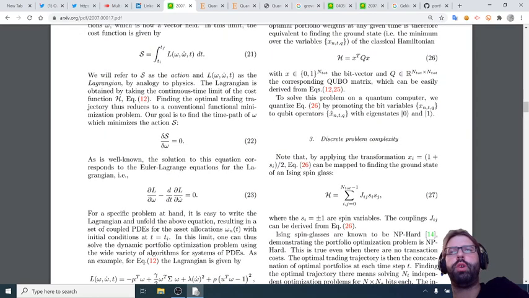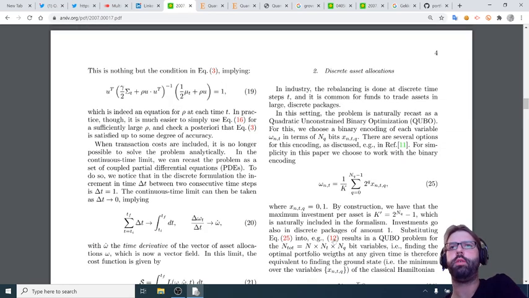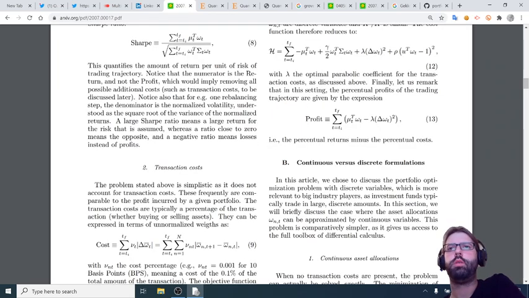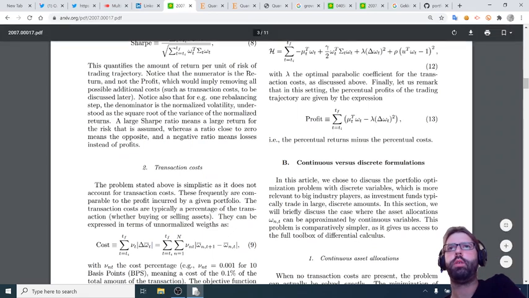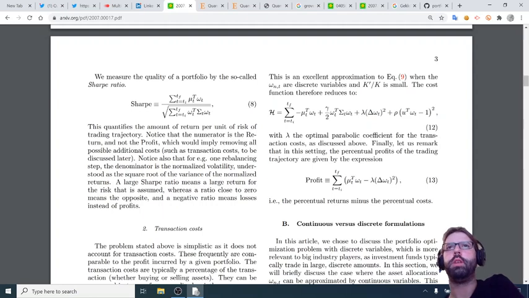What was the equation? Was it equation 25? No, it was equation 12. Here it is. So you have the expected returns, and then you have, yeah, there you go.